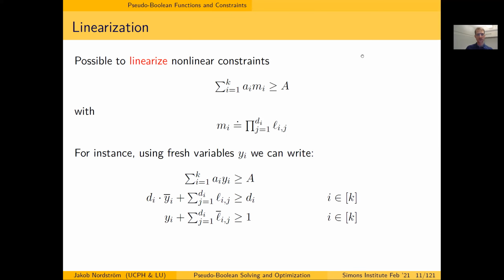We can introduce fresh variables yi for each monomial mi and write the linear sum ai yi greater or equal a, and then we specify for each yi that yi is 1 if and only if all literals in the monomial are 1. So this is possible, but we won't talk more about this during this tutorial. For the rest of this talk, we'll only consider linear constraints.